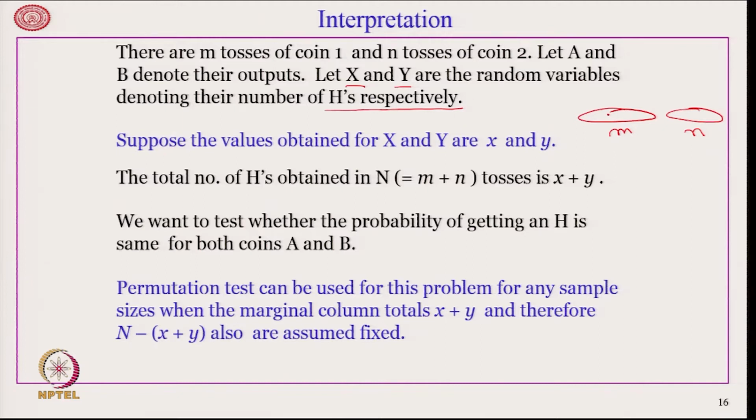Therefore, the number of heads could be 0, 1, 2 up to m, and the number of heads here could be 0, 1, 2 up to n. It is given that there are x many heads here and y many heads here in the second population.